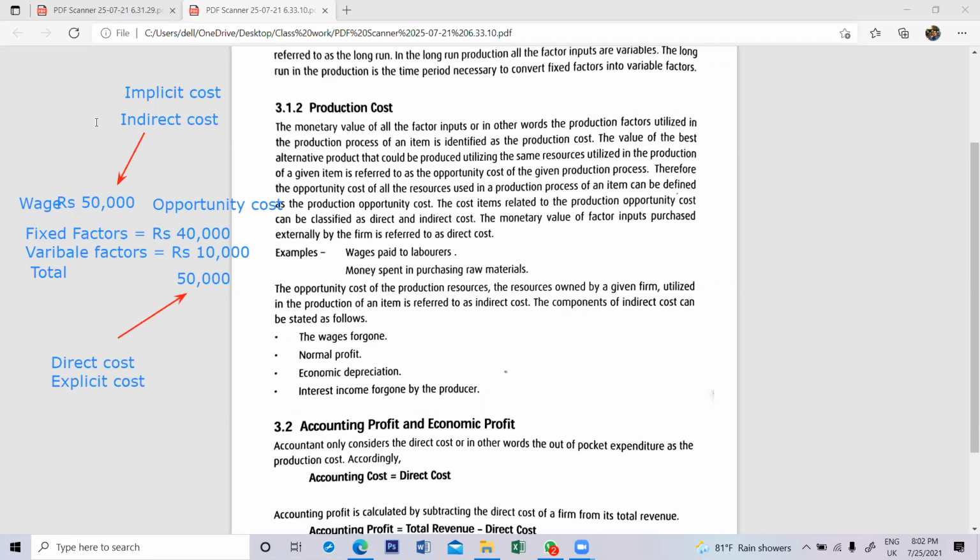He feels once he starts a business, he loses money from the employment. Then altogether, in the economic cost sense, the economic cost of the business is direct cost plus indirect cost.